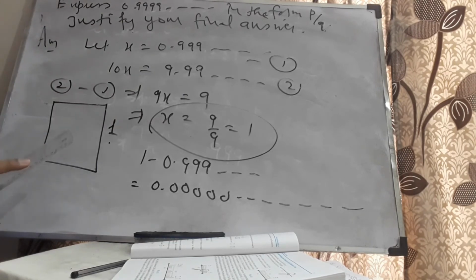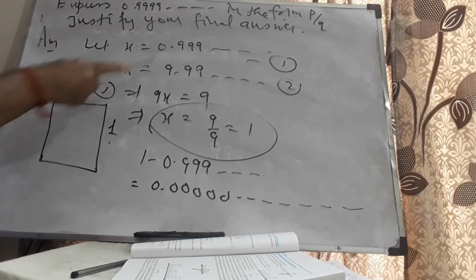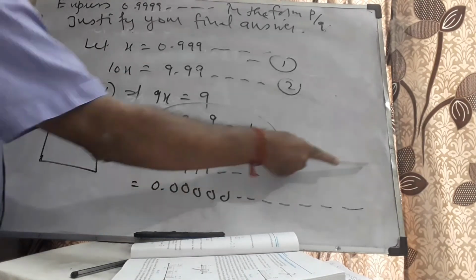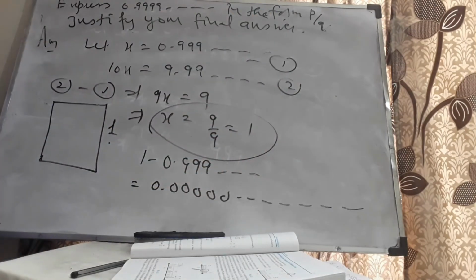Let me repeat the whole process once again. It is a logical answer. I represent 1 by an A4 sheet of paper. Let us imagine this is my A4 sheet of paper, and I'll see the difference between 1 and this value 0.999 up to infinity. The difference is point nought going up to infinity. 1 will be somewhere else, somewhere nearer to infinity.